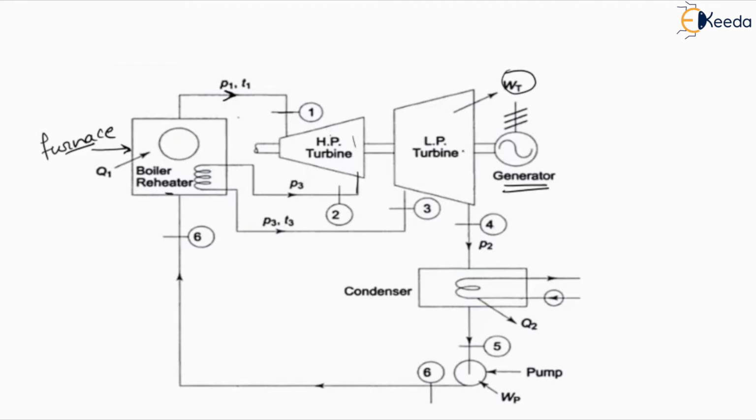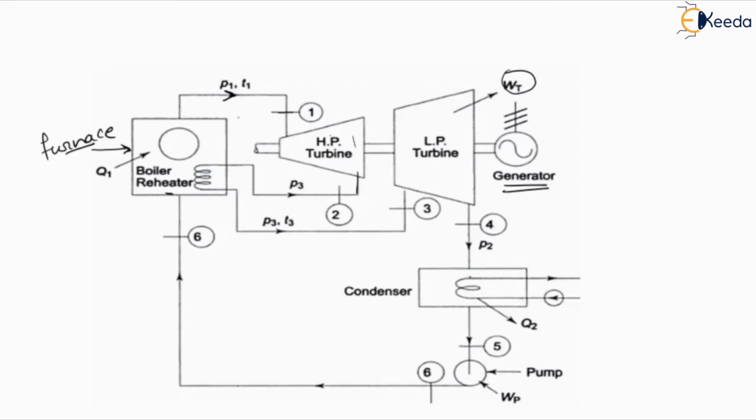So here after expansion from the lower pressure turbine, it will transfer to the condenser and it will condense. The steam will condense here, it will reject heat, and then it becomes the complete water form of the working fluid, where in this condenser we are condensing the steam.